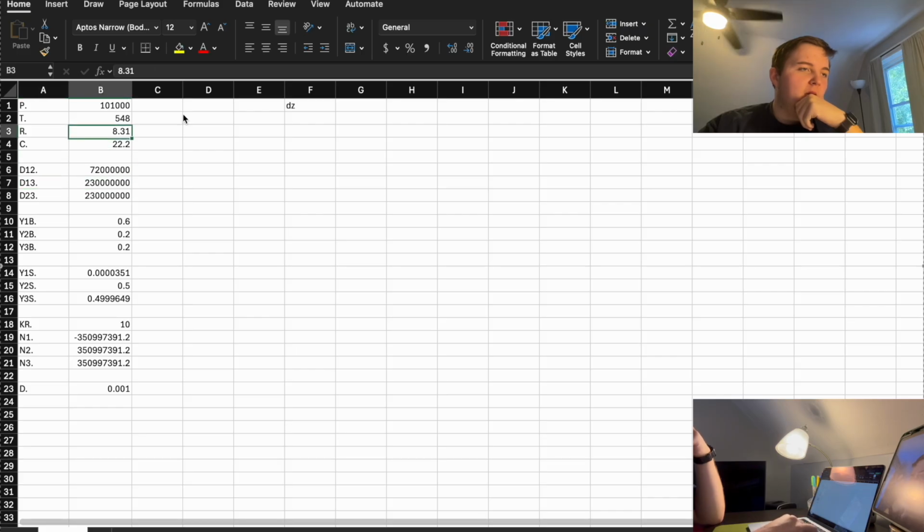I don't think there are any actual formulas I need to show before. Okay, yeah, y3 was just calculated as 1 minus the above 2.